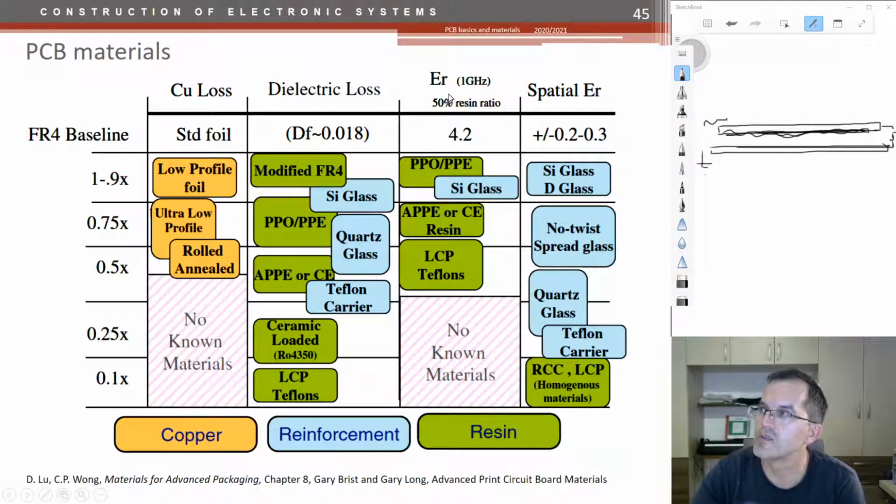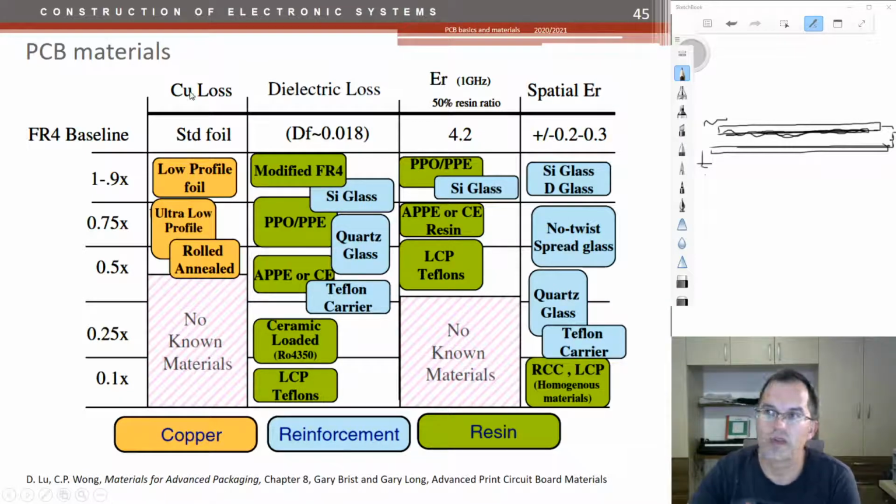If you want to have the lowest permittivity, you have to go to Teflon. If the epsilon R for the FR4 is 4, then for Teflon it's less than 2. Then to get lower dielectric losses, again you can go to Teflons or ceramics.